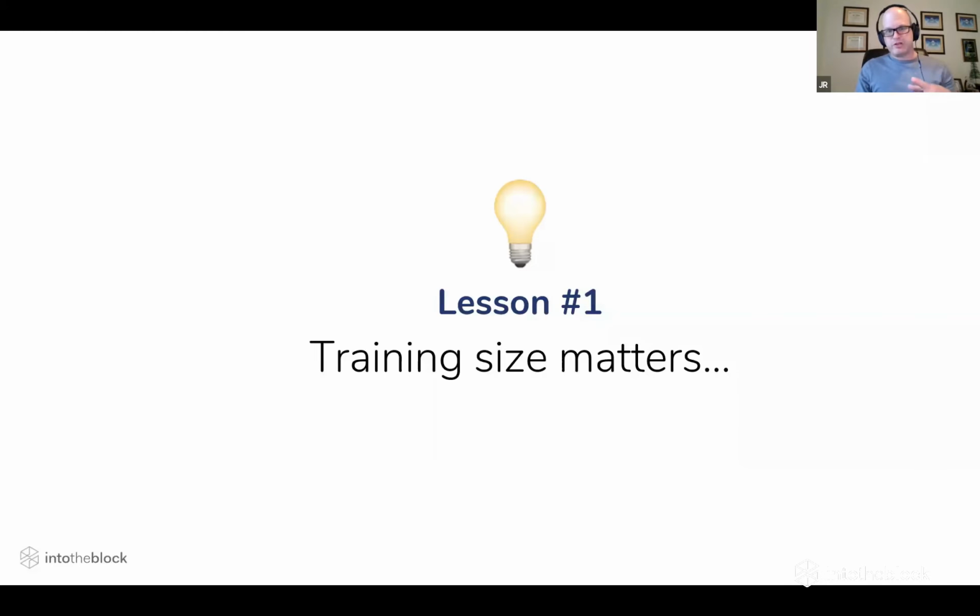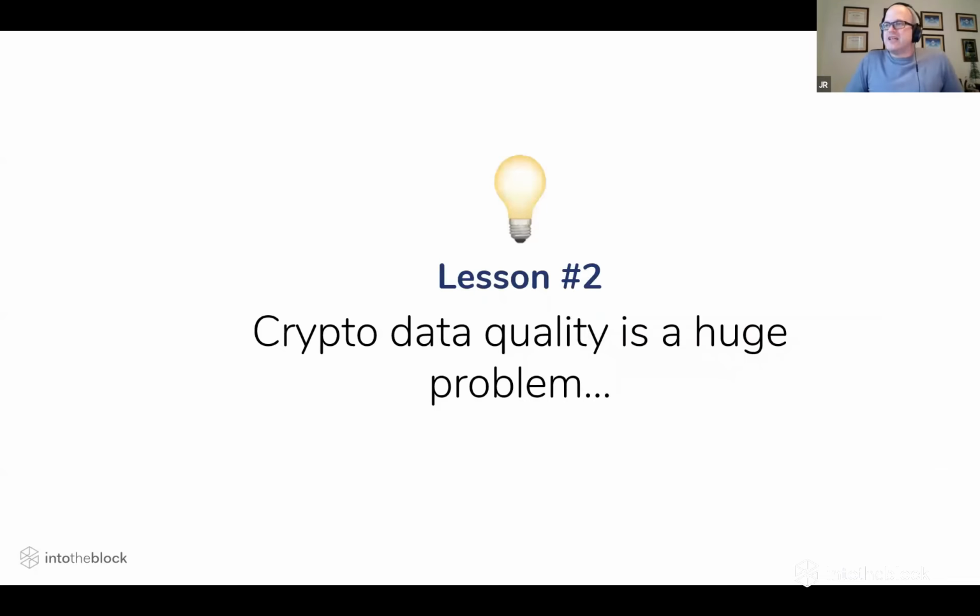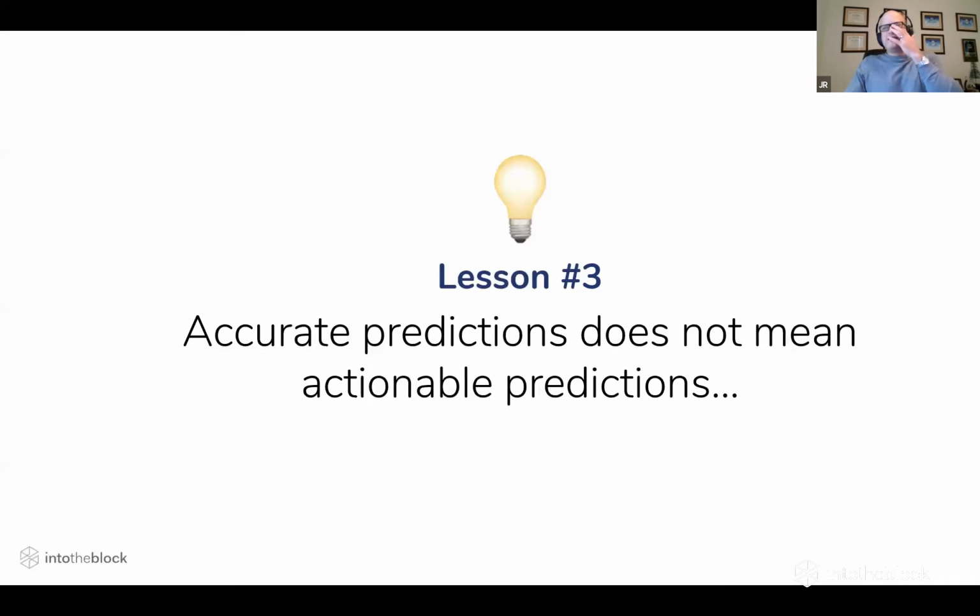The bigger, the better at this point in the market. Another lesson is that crypto data quality, which I alluded to before, is a huge issue. You're going to have fake volumes, wash trading. You're going to have APIs going down all the time, missing blocks on the blockchain. It's just hard to get high quality training data for this type of model. So you need to do a ton of work in that space.